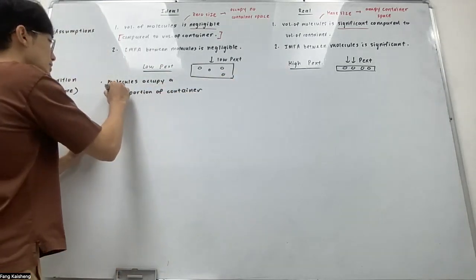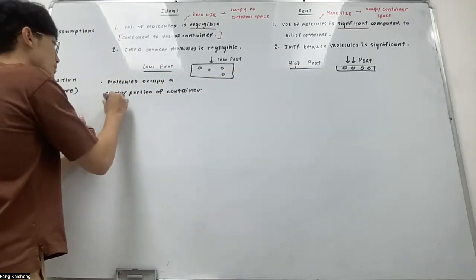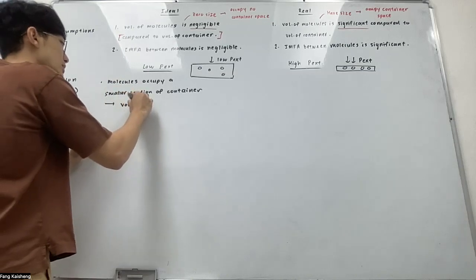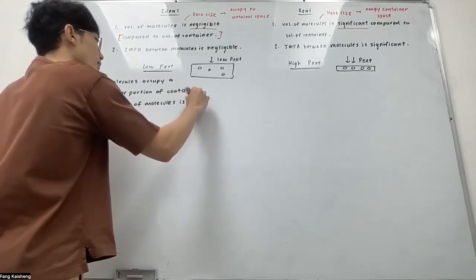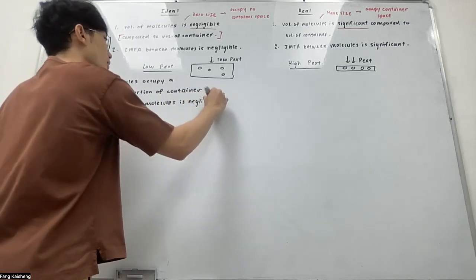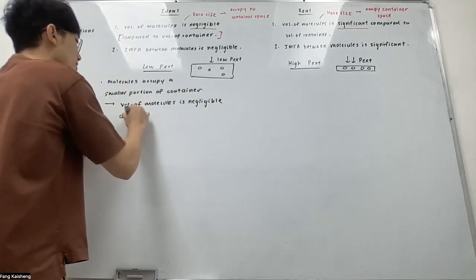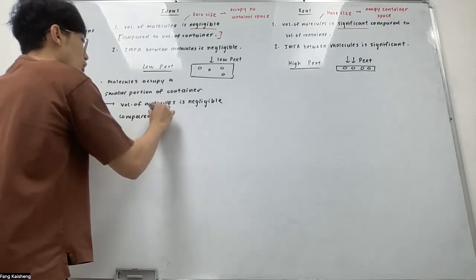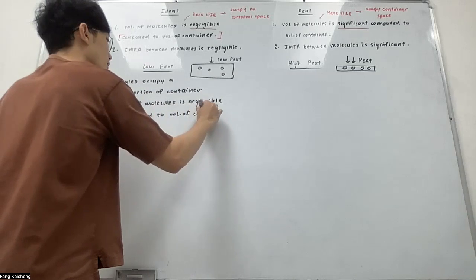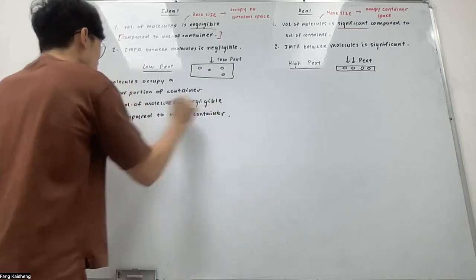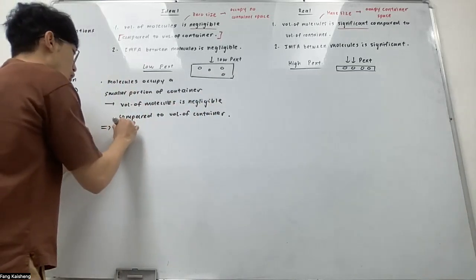So this one occupies a smaller portion of the container, which means the volume of molecules is negligible. But once again, you must always compare to the container itself. In other words, this makes the gas more ideal.